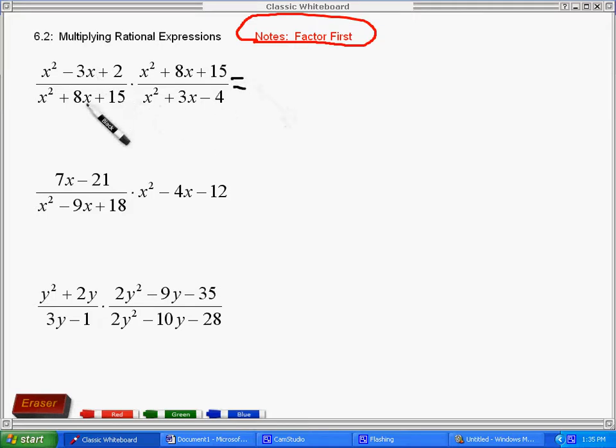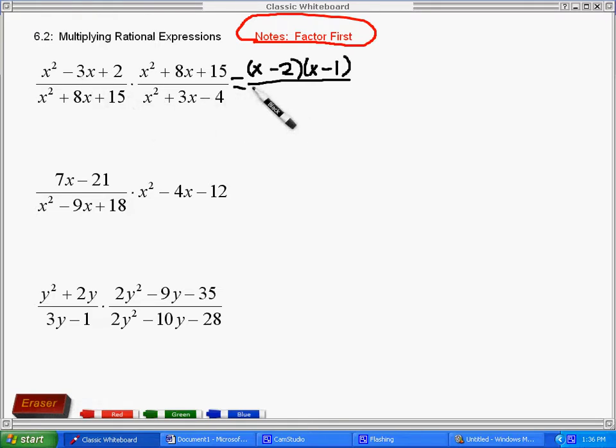I have now two rational expressions, one here and one here, multiplied by each other. And the first thing we want to do is factor. So if I factor the numerator, for this first one, I have x and x, and then I got to have a 2 here, and this is -3, so this has to be x minus 2 and x minus 1, because -2 times -1 equals 2, and -2 plus -1 equals -3.